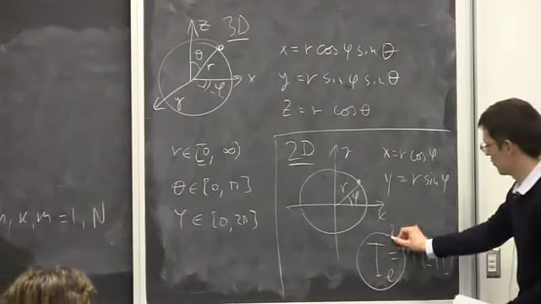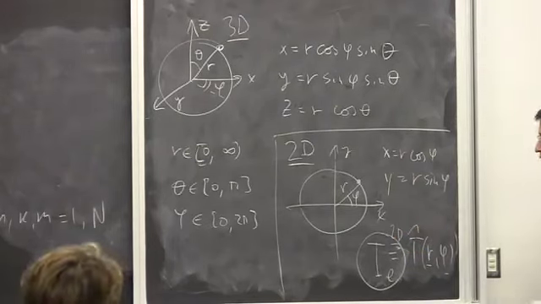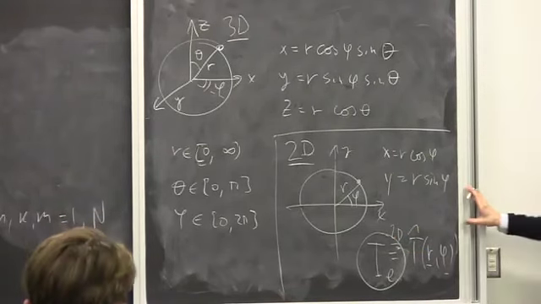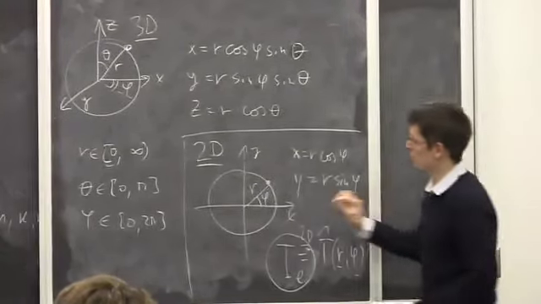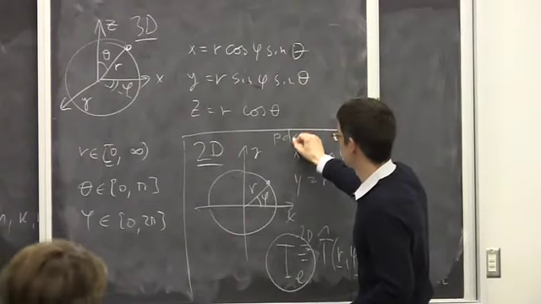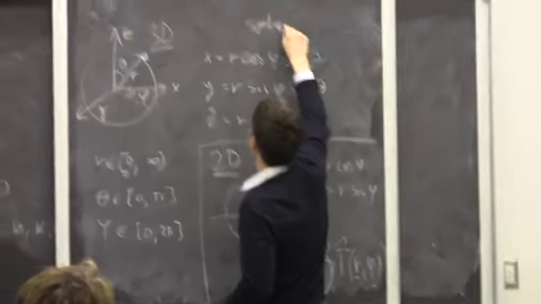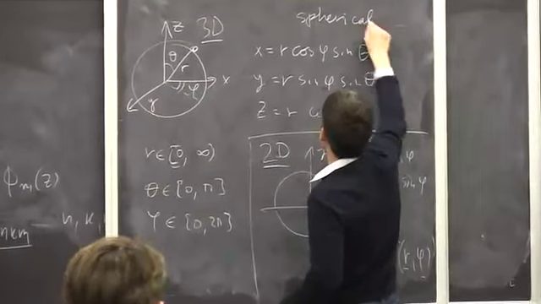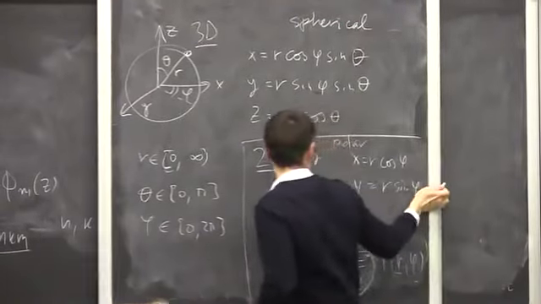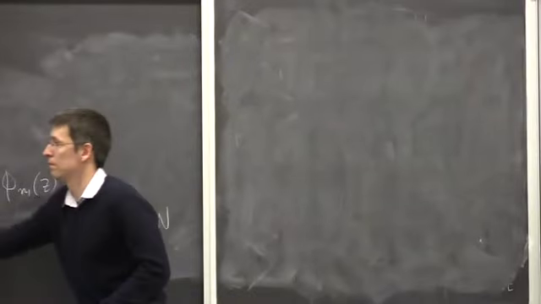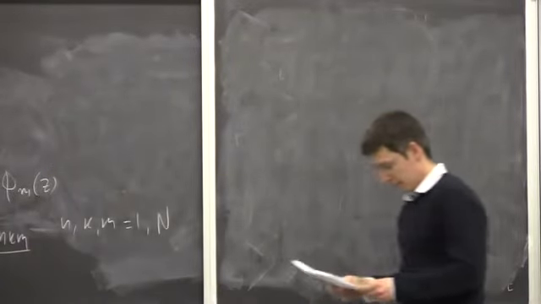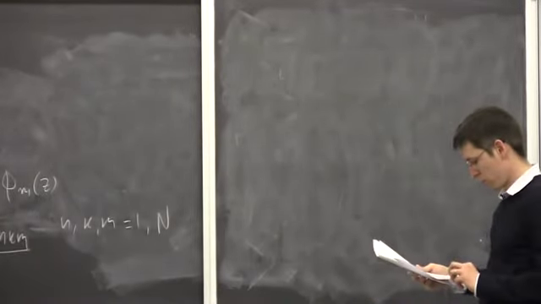Right, so this is a 2D version of the Laplacian in the polar coordinates, because these are polar coordinates and these are spherical. All right. So how do we approach the problem?